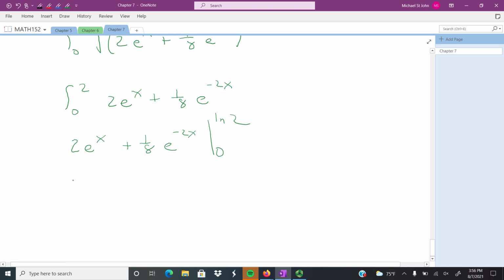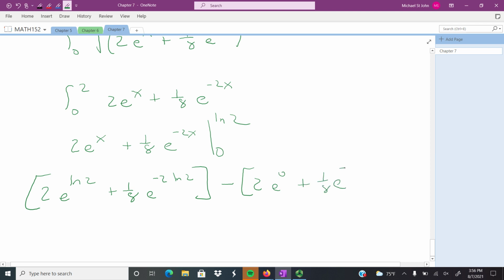And now it would be a matter of plugging in the numbers. So this is going to be 2e to the ln 2 minus 1/8 e to the minus ln 2, minus 2e to the 0 minus 1/8 e to the minus 2 times 0. And you number crunch that all out, and you end up at 33/16.